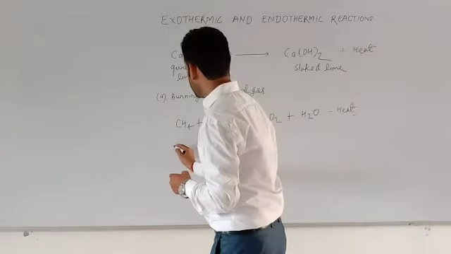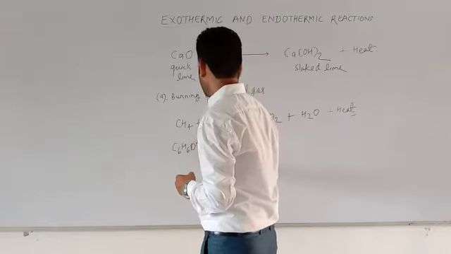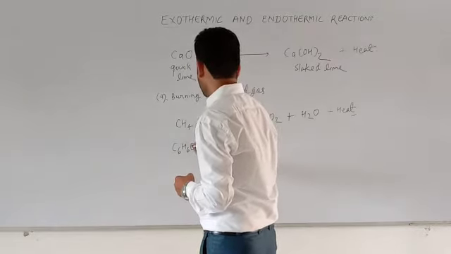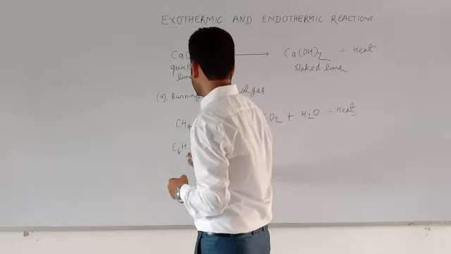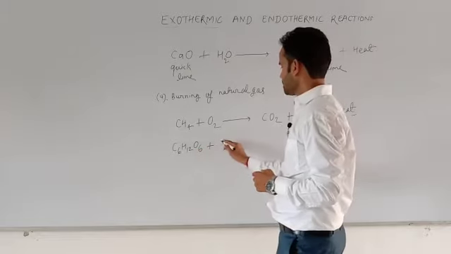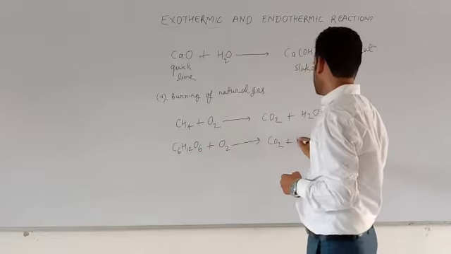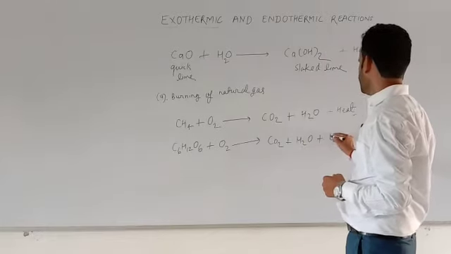So the equation would be glucose, C6H12O6, and this glucose reacts with oxygen which is present in the cell and forms carbon dioxide, water and energy.